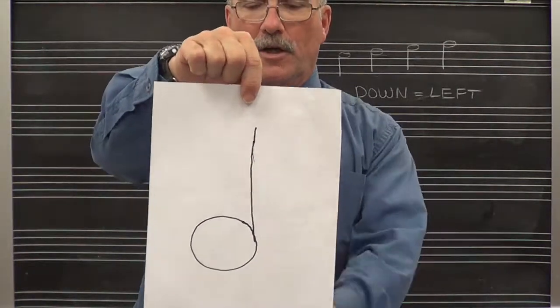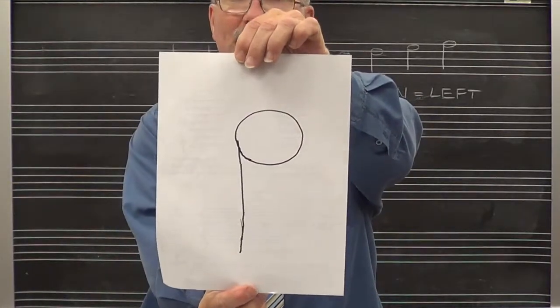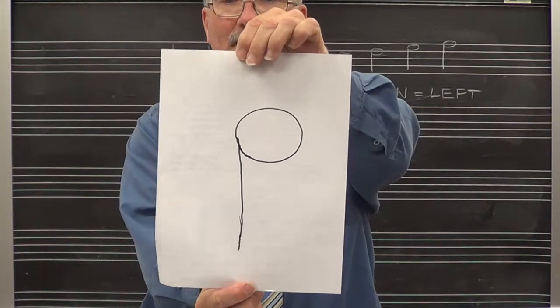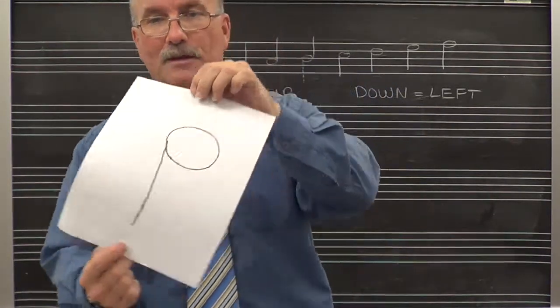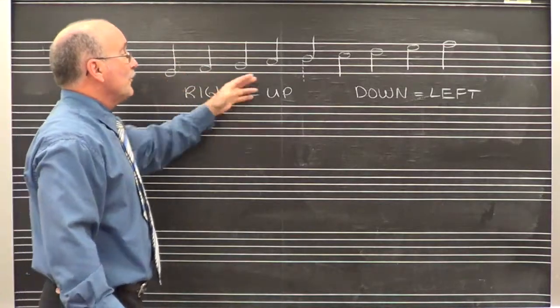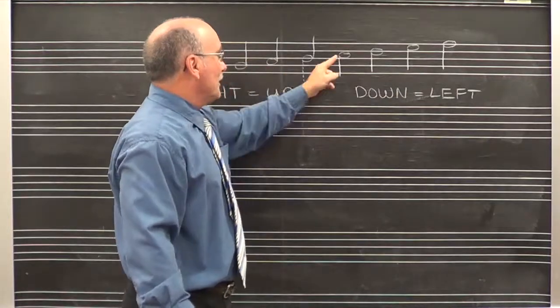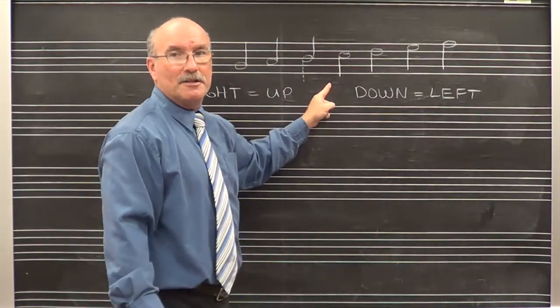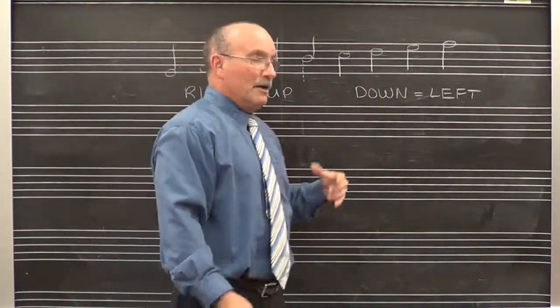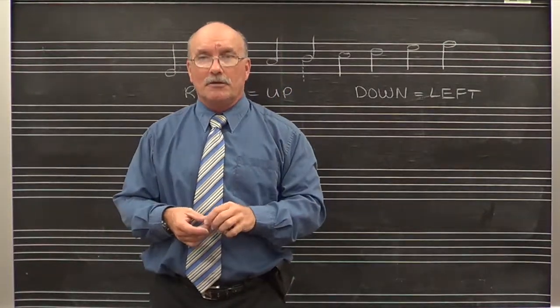If you rotate it 180 degrees, then the stem's on the left. And that's the logic behind it. So it wasn't just done randomly. There's a reason for it. It's rotated 180 degrees so that when you go above the middle line and put the stem down, it's then on the left-hand side. And that is the second part of the assignment that you're going to be completing.